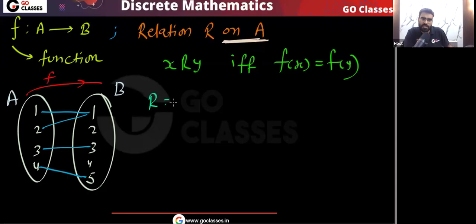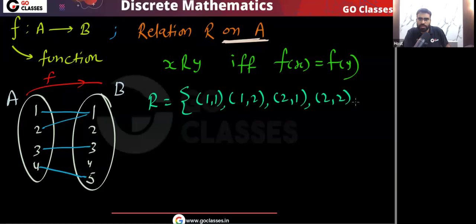So what is your relation R? First you tell me, your relation R is like this: 1 related to 1, 1 related to 2, 2 related to 1, 2 related to 2. Yes or no? You can see they have same image. 1 is related to 2 because they have same image, and 2 is related to 1 as well.